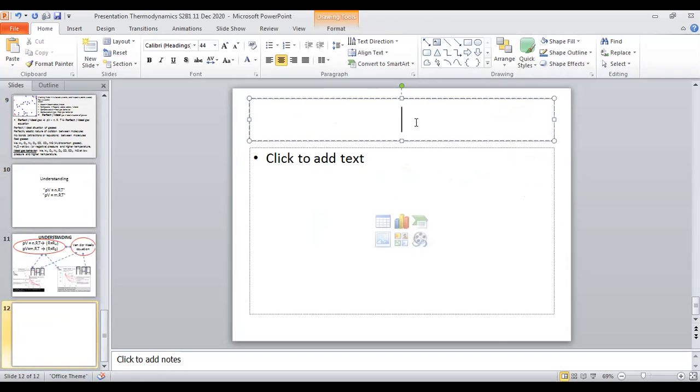Okay. Another section I'm going to start. Okay, but this is again the background preparation.